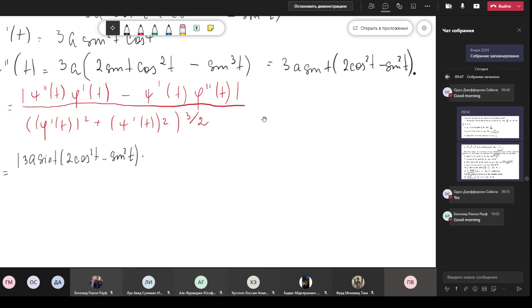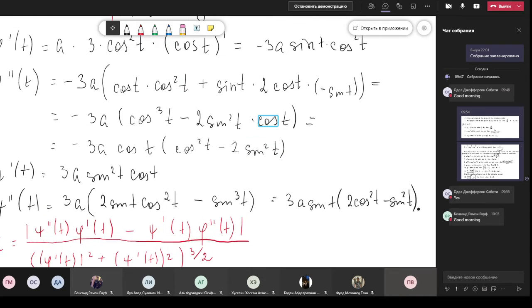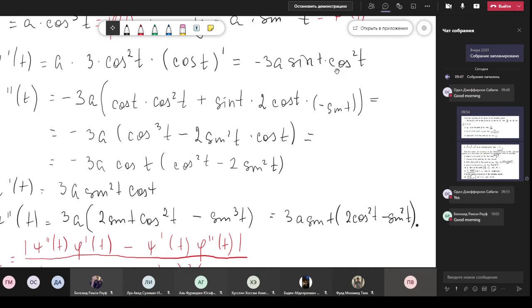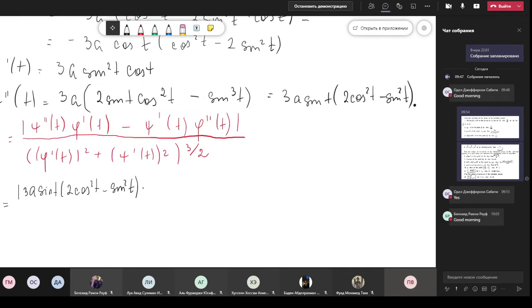Phi prime of t is minus 3a sine of t cosine squared of t.